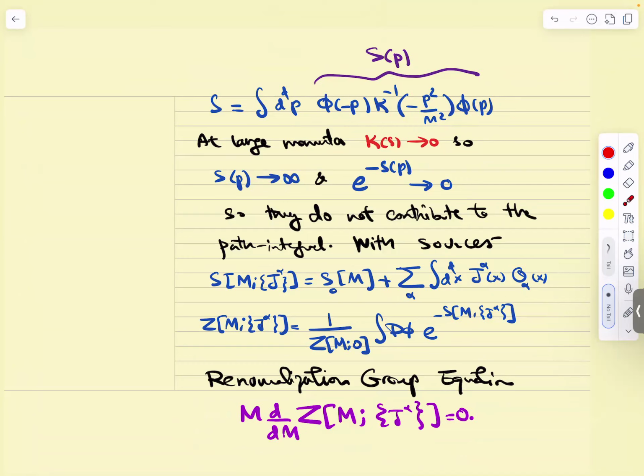I didn't put the mass term. Good. So what is the propagator here? It would be capital lambda. Good. It's the inverse of that.